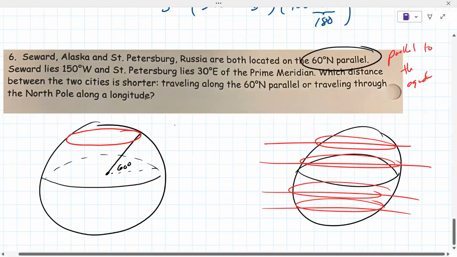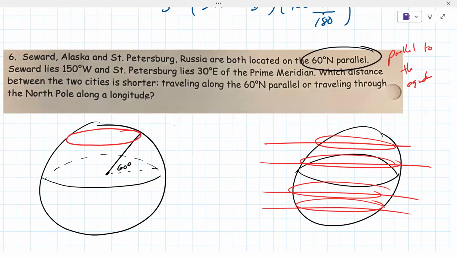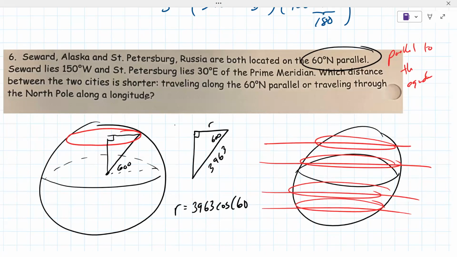All right. So we need to find this again, which, we've done a bunch of these, but it helps to do them over and over. And this is 60 degrees. This is the new R. This is the 3963. So R is 3963 cosine 60. All right.